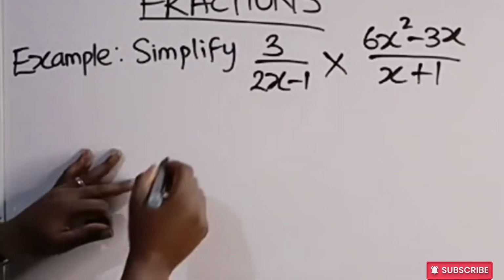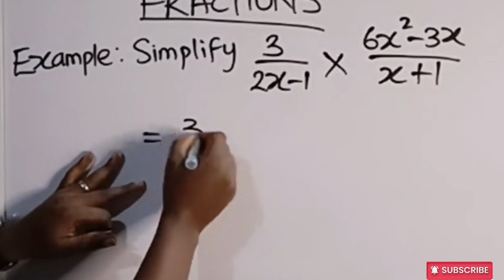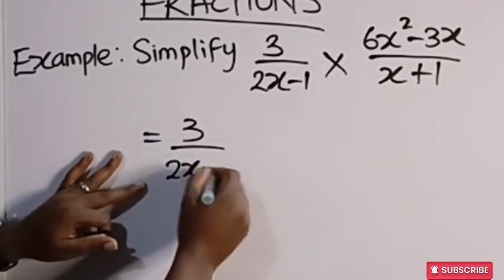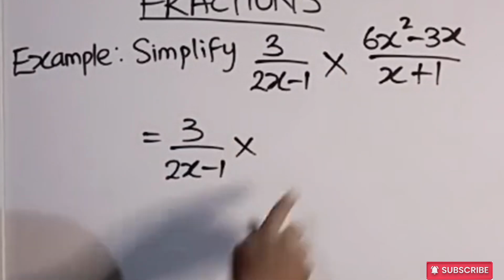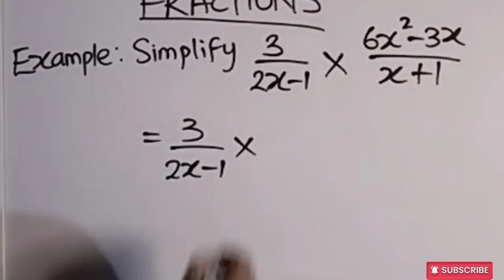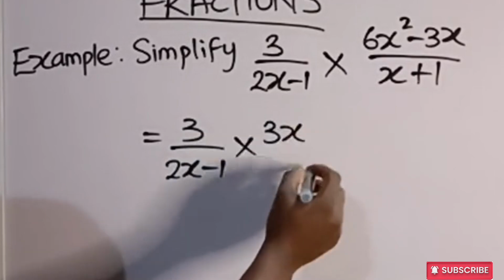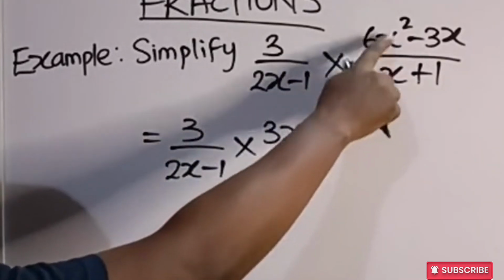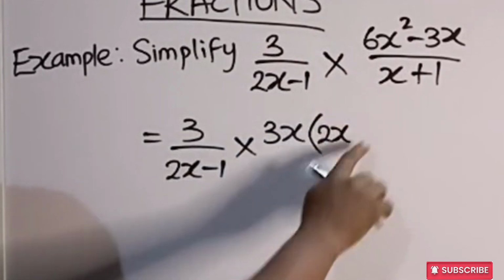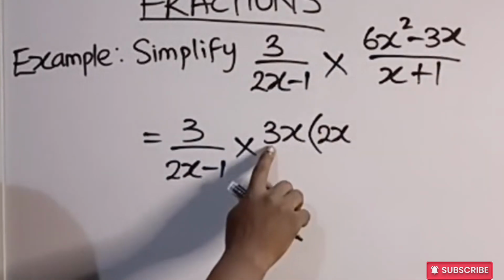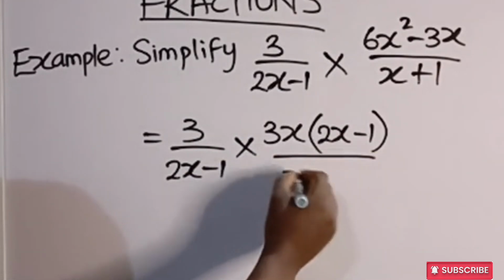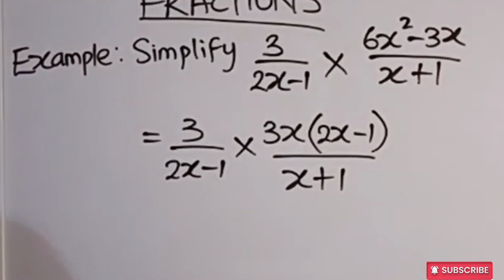So let's continue. 3 all over 2x minus 1 multiplied by, if you factorize this numerator, what is common is 3x. We have 3x bracket, 6x squared divided by 3x is going to give us 2x. Minus 3x divided by 3x is going to give you minus 1, all over x plus 1.